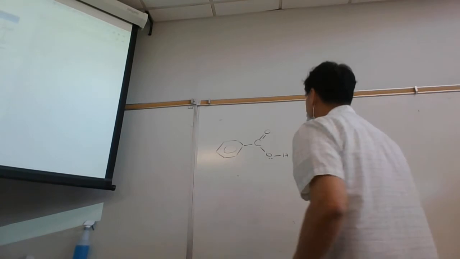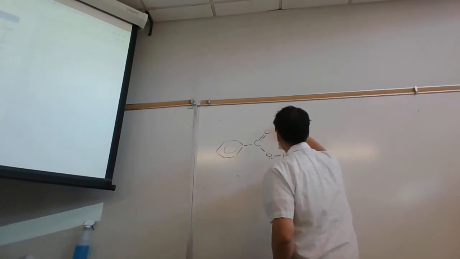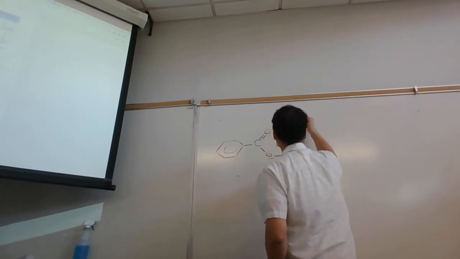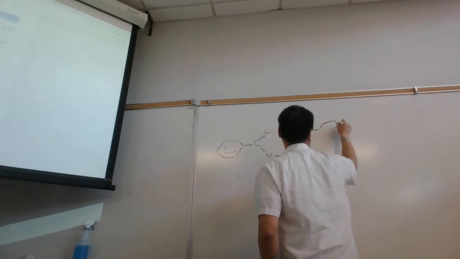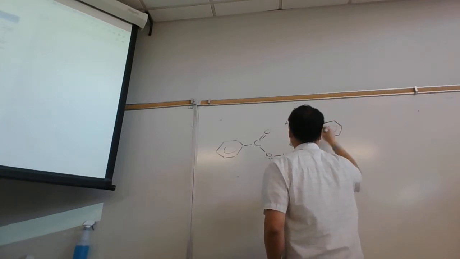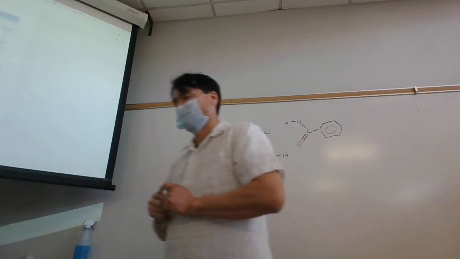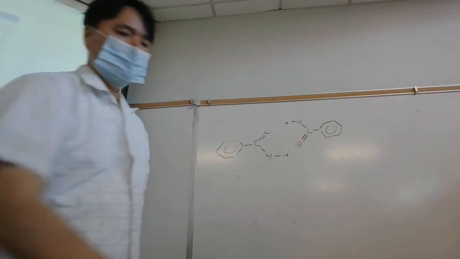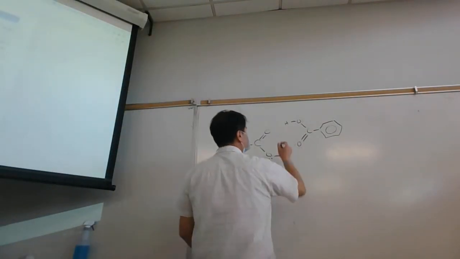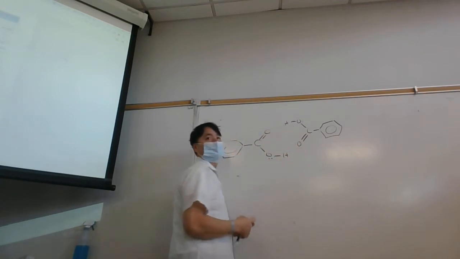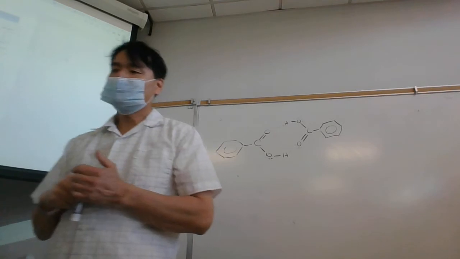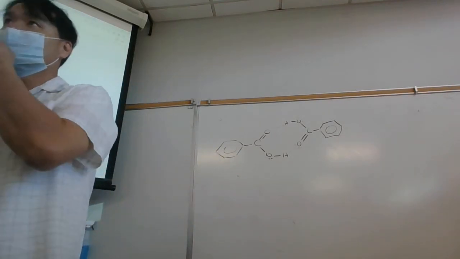So strong that it causes 2 benzoic acid molecules to couple like this. And you have a hydrogen bonding interaction here and a hydrogen bonding interaction here. And what happens is especially noticeable in colligative properties.